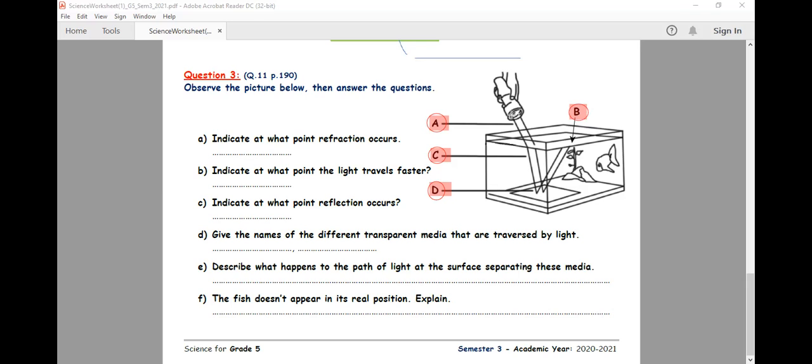The light rays are leaving the torch, the source of light, going down to touch the surface of water. When does the light ray bend? When does it change its direction? When it touches the water, at point B. Excellent job.